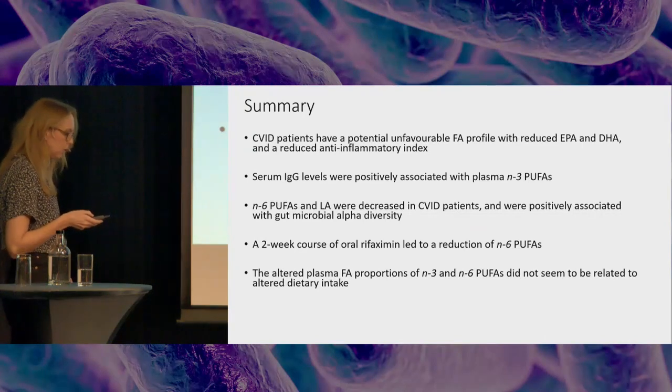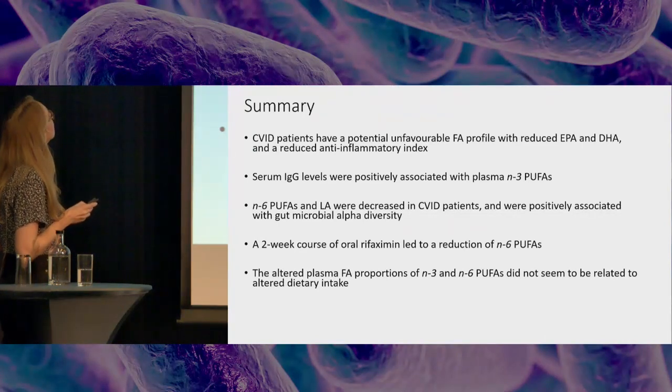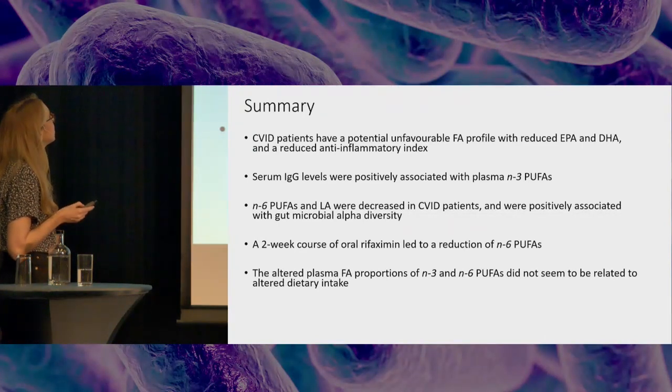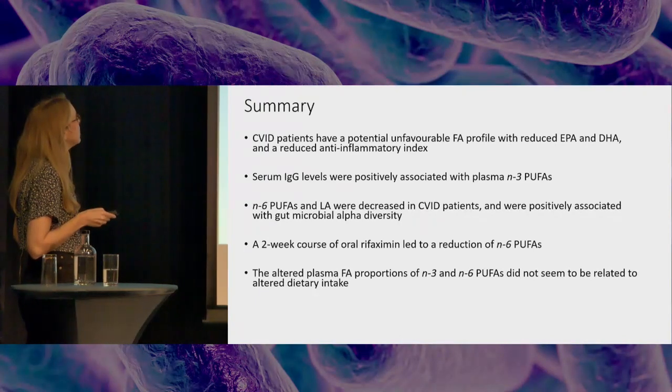So to conclude, CVID patients have a potentially unfavorable fatty acid profile with reduced EPA and DHA and a reduced anti-inflammatory index. Serum IgG levels were positively associated with plasma N3 PUFAs.